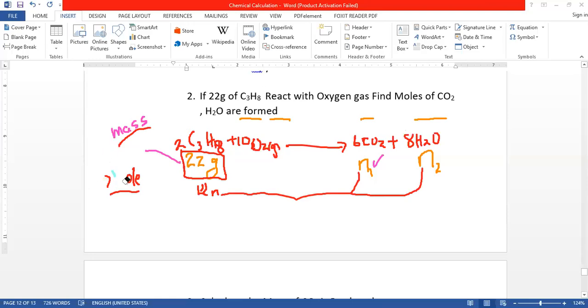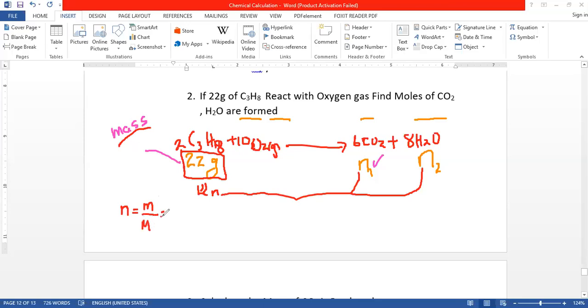Now, how to find this mole? Look at this. How to find the moles using mass? We know that n is equal to given mass over molar mass.